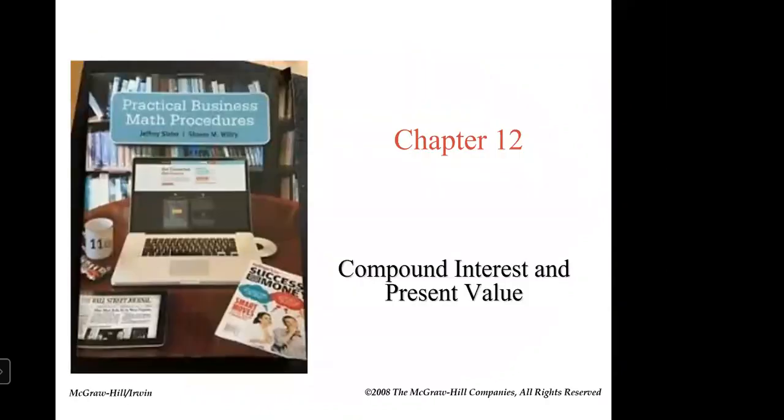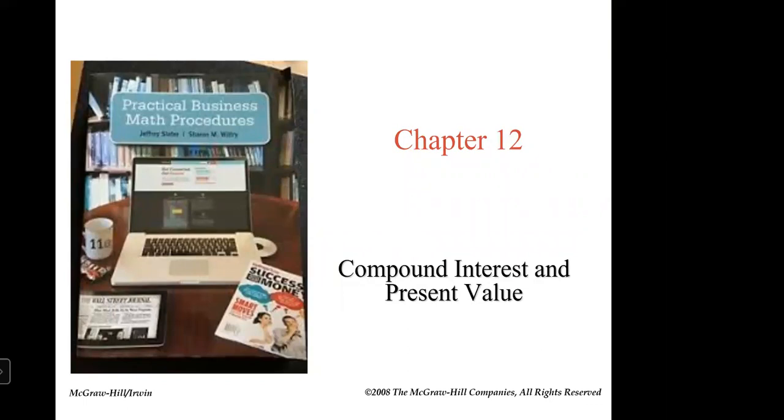Okay. All right, so our next chapter is chapter 12, which we're going to try to see if we could finish today. And in chapter 12, we are looking at compound interest and present value.